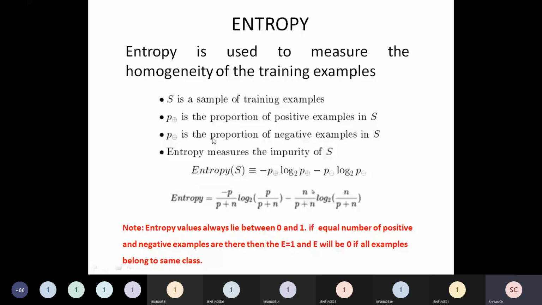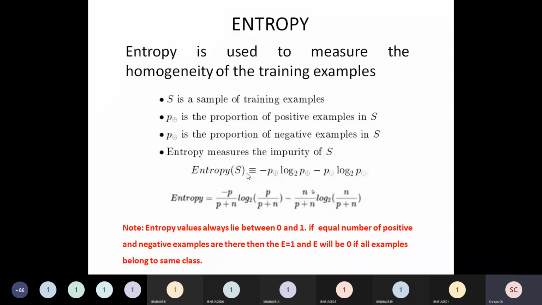So first, entropy of S will be calculated. Entropy of S means the entire data set where I have 14 records. So first I will calculate the entropy value of my entire data set. That is my first step.